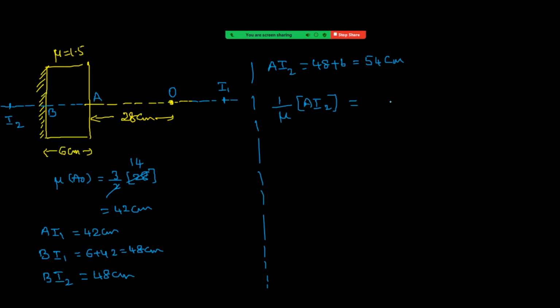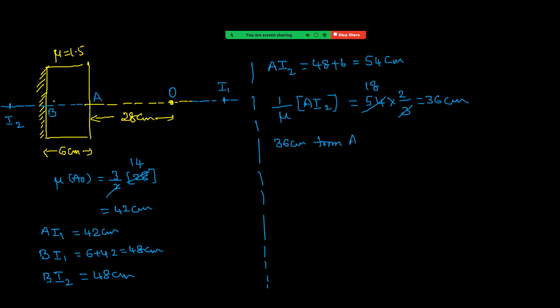See how much this value is: 54 times 1 by mu, which is 2 by 3. 54 divided by 3 is 18, times 2, it is now 36. Right? That means because of this refraction, finally the image will be at a distance 36 centimeter from A.